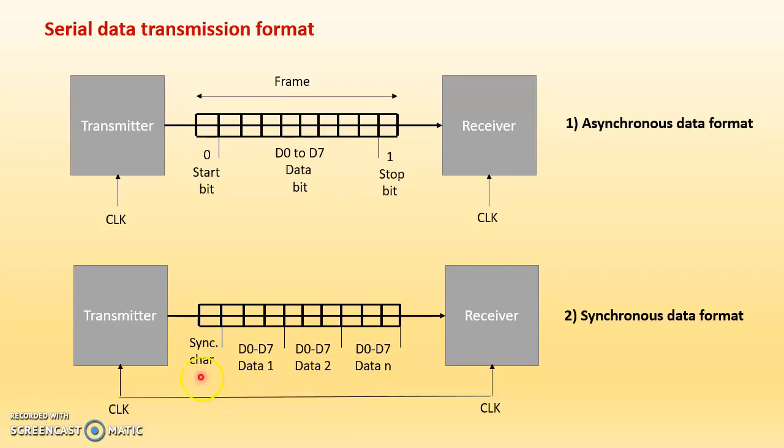Basically it sends the synchronizing character from the transmitter to the receiver, and after that it will send the packets of data from the transmitter to the receiver. Another difference we can see is that in asynchronous, a different clock pulse is given to the transmitter and receiver, and the same clock pulse is given in the synchronous data format.